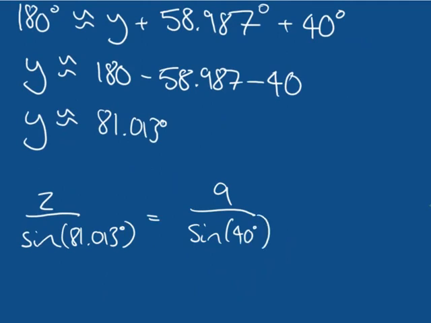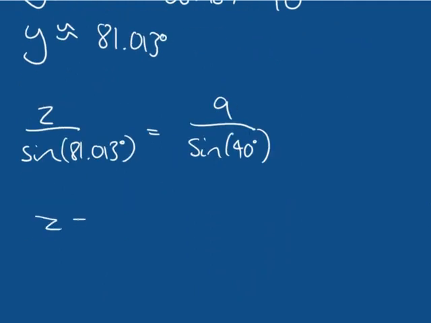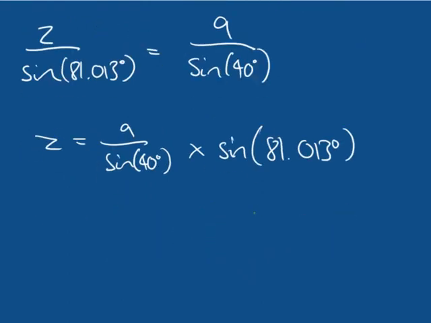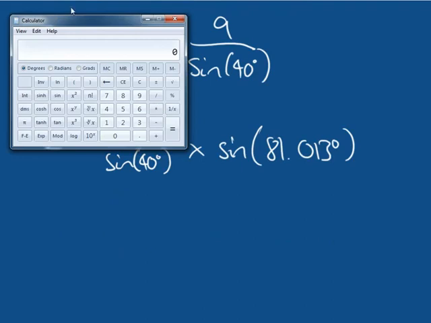That means that z is equal to 9 over the sine of 40 multiplied by the sine of 81.013 degrees. We can use a calculator to work this out.